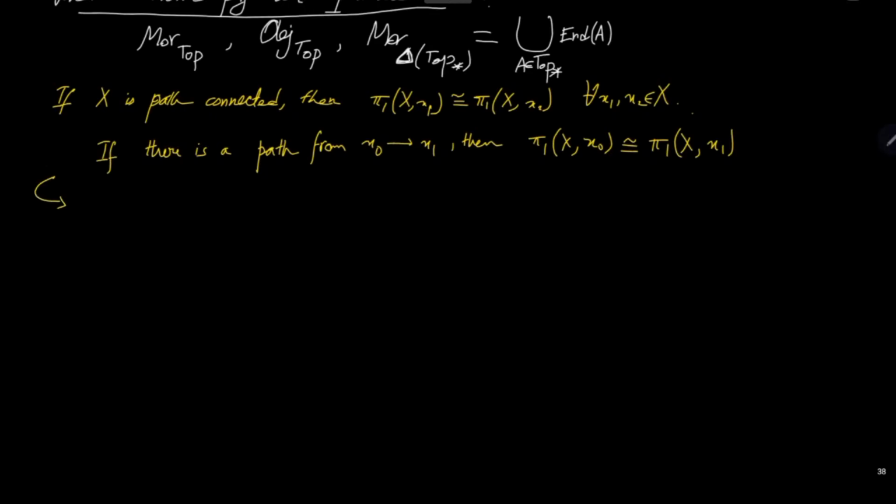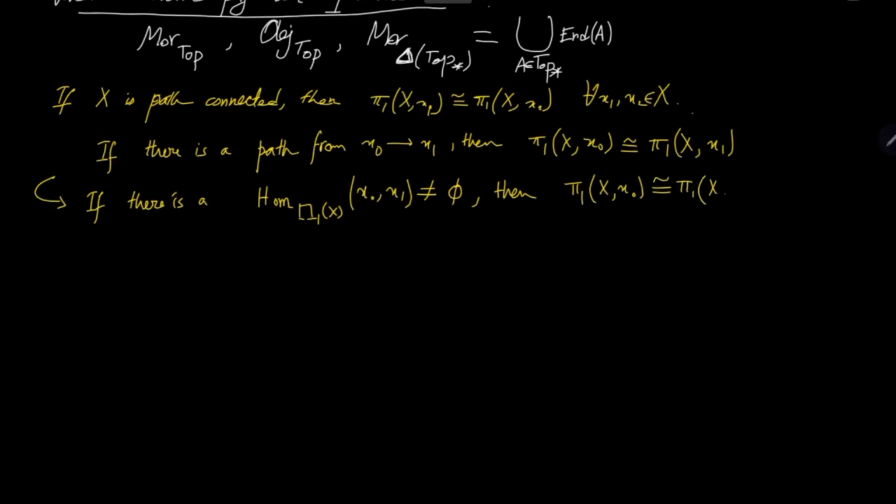Now phrase it like this. If there is some p in the Homset of the fundamental groupoid of x0 and x1, that is, if this is not empty, then pi 1 of (X, x0) is isomorphic to pi 1 of (X, x1).